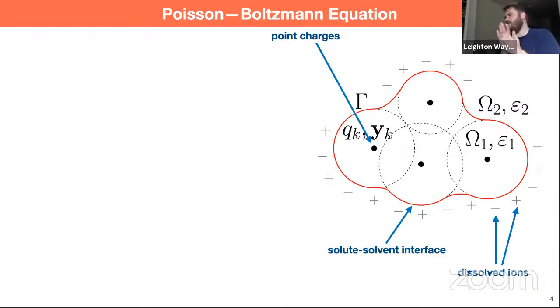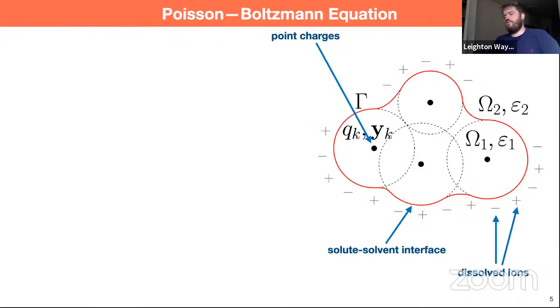So you can imagine that you have some biomolecule represented by a bunch of hard sphere atoms. You put point charges at the center of those atoms, and you have some boundary that separates your solute environment from the surrounding solvent. And then you might have some dissolved ions around it as well.